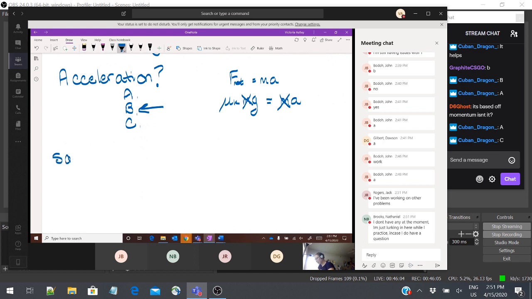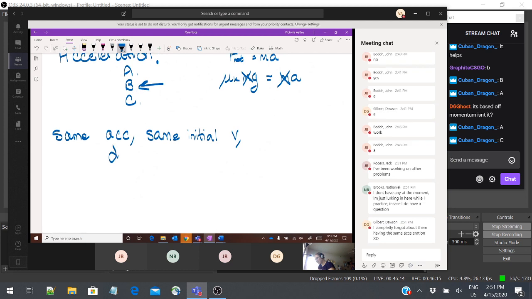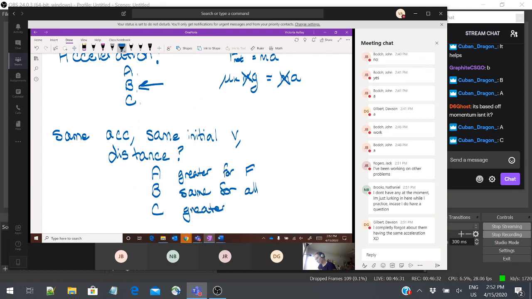So if they have the same acceleration, and they have the same initial velocity, what about the distance? Will that be greater for F? Same for all? Or greater for H?